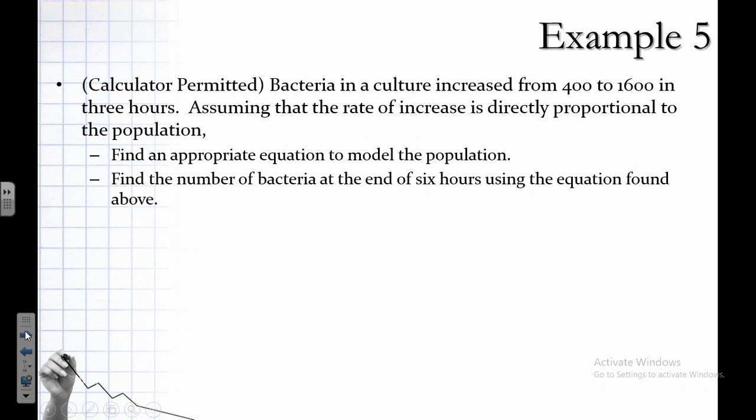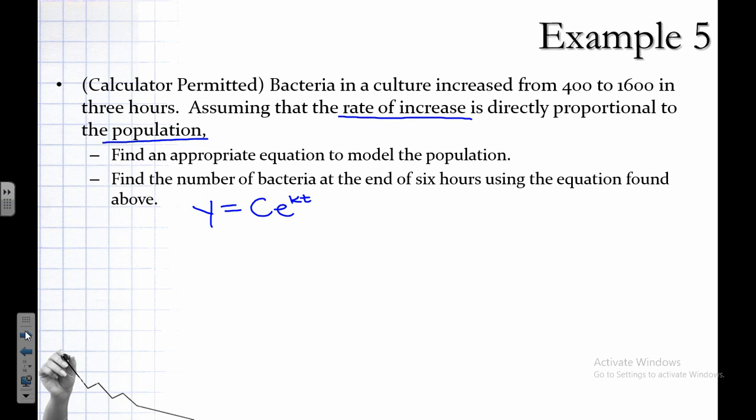All right. So find an appropriate model. Since we know that the rate of increase is directly proportional to the population, we can use y equals c e to the kt. Now, c, we like to call that the what?